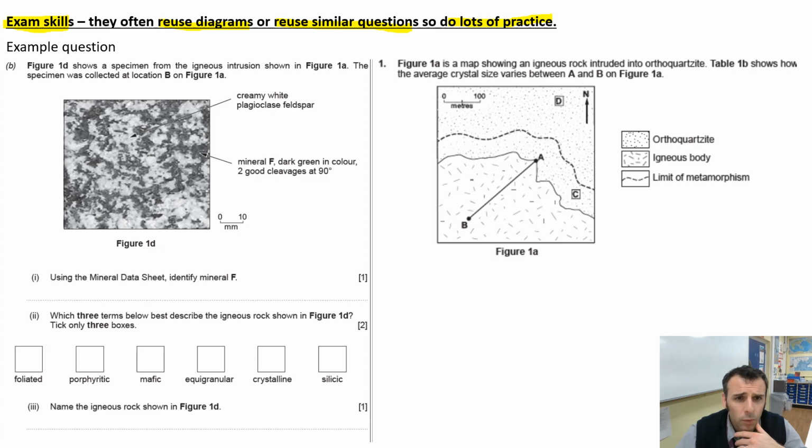So before we start, I will be looking at figure 1A over here and figure 1D over here, and looking at what is the nature of the data that I am being asked to analyze or interpret. And the nature is that this is a map on the right hand side here, so we can clearly see that there is a map involved, and on this side over here it's a specimen.